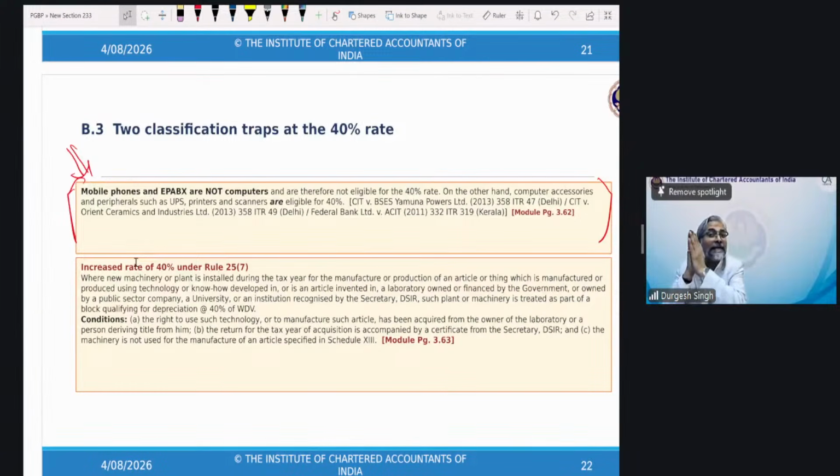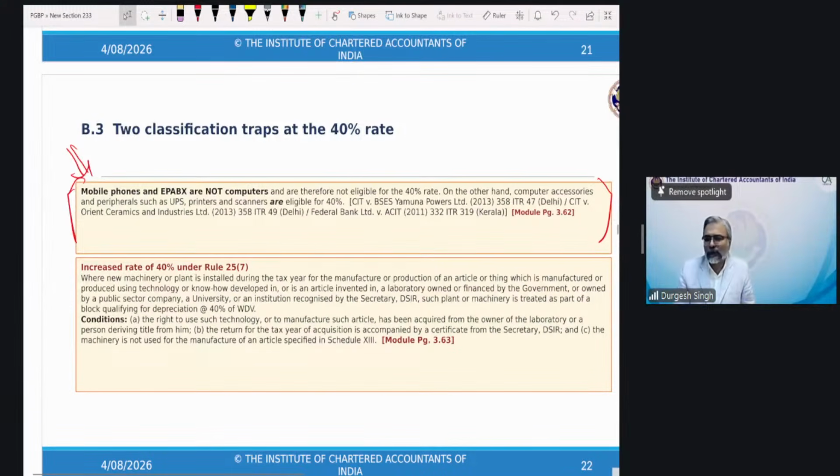You will take these assets in the 40% block, students. It is the 40% block which is going to be applicable for them. I hope that all of you are clear with this one. Perfect. Very good. This is something that is tested; these are basic things.